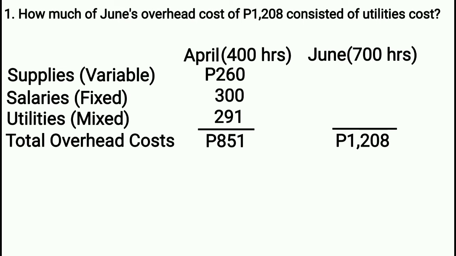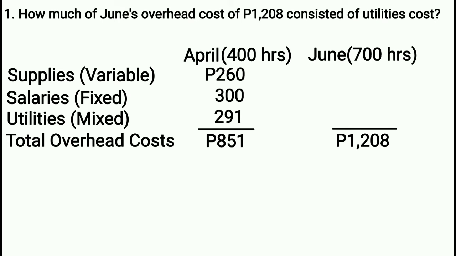Recall na ang behavior ng variable cost is that it varies directly with the change in cost driver or level of activity. That means, sa June, dahil 700 hours ang level of activity, tataas din ang variable cost.